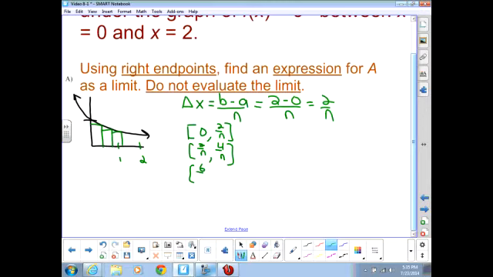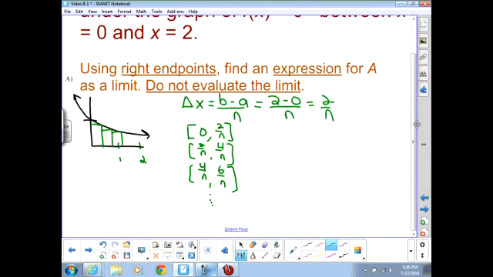And then next we'll have 4 over n to 6 over n. And then we'll keep going, and eventually the last one will end in 2n over n.